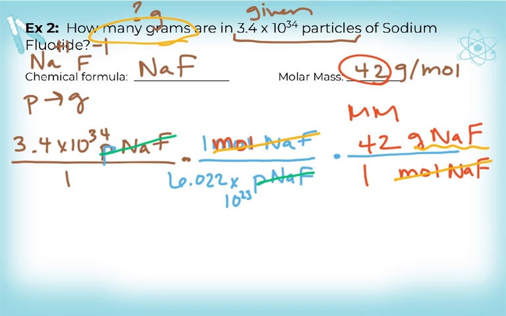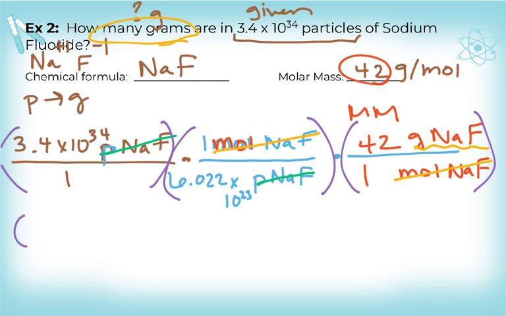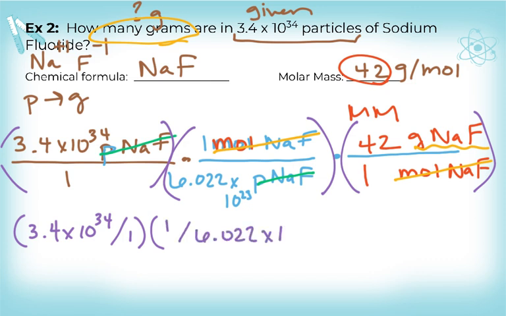Your teacher might do this a little different. Another way you can do this is just treat each of these as a fraction when you type them into your calculator. So we would type in 3.4 times 10 to the 34th divided by 1 with parentheses, and then we go times 1 divided by 6.022 times 10 to the 23rd.